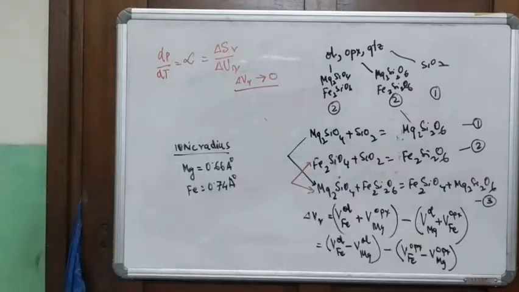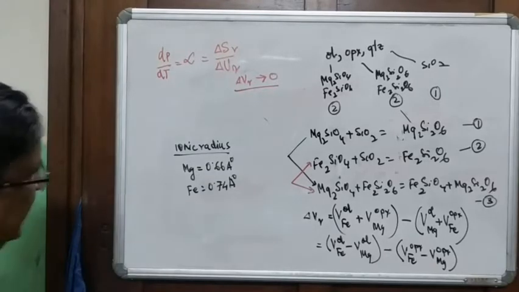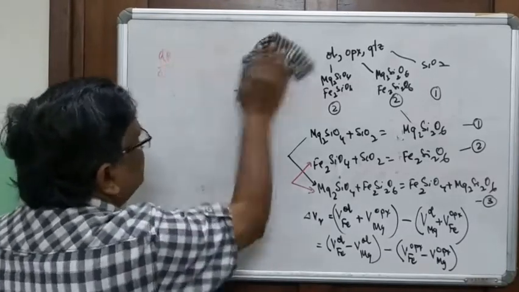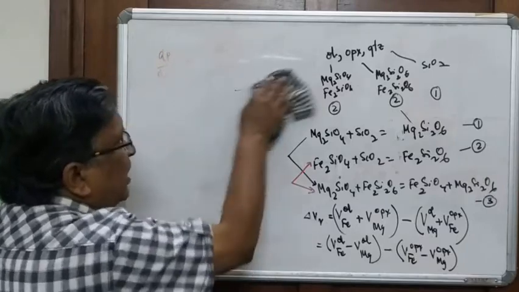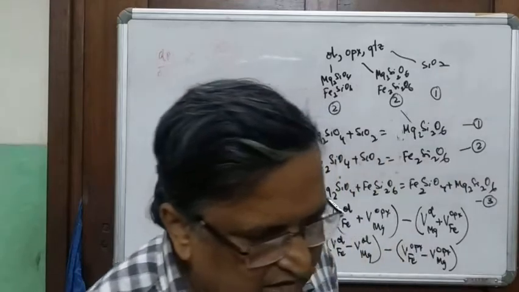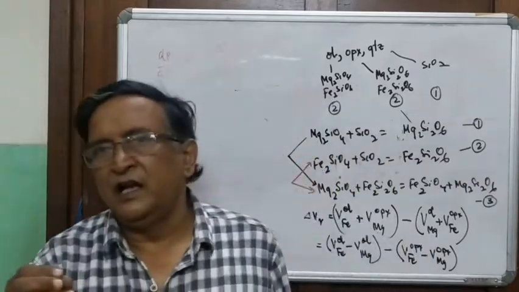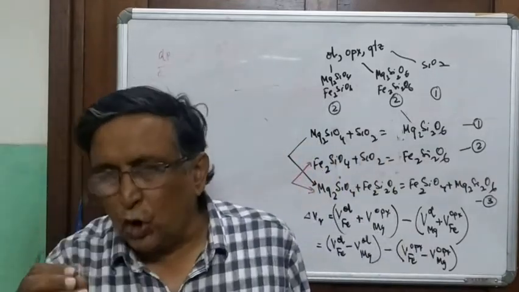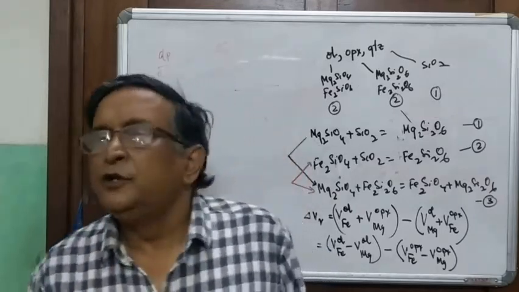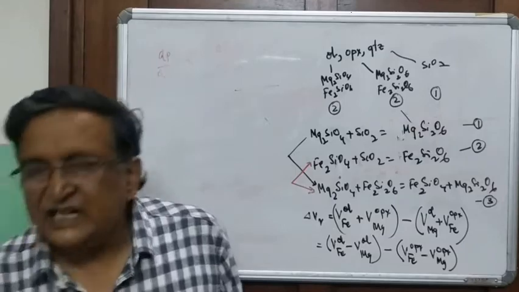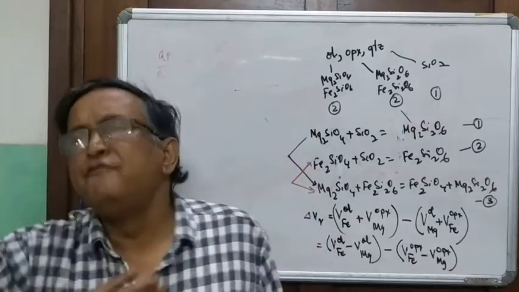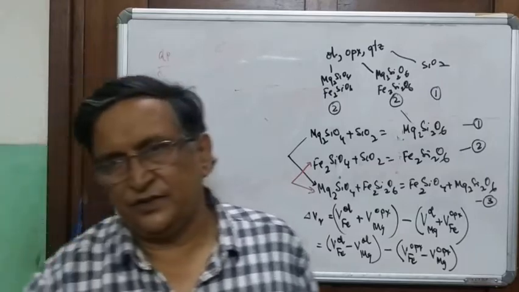So for our case, remember all exchange reactions have delta V R as very small. So slopes of all exchange reactions are nearly parallel to the pressure axis, or at least the dP by dT slope is very high for all exchange reactions.